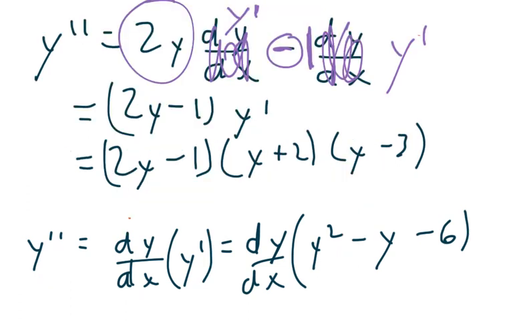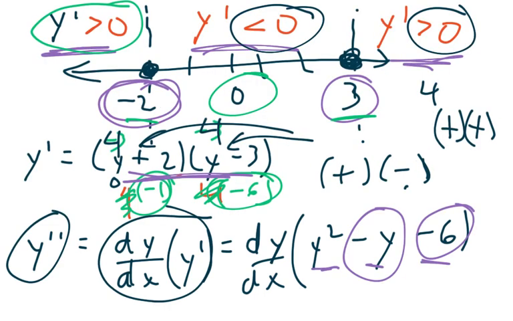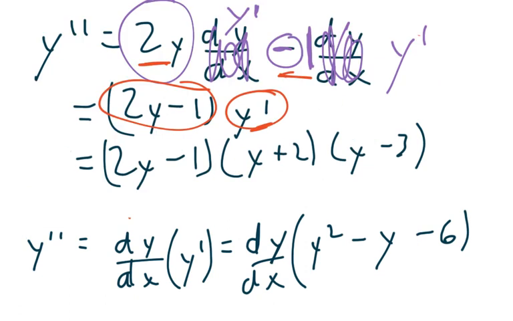So notice we can factor out 2y minus 1. So 2y minus 1 times our y prime. Wait a minute, what was our y prime again? Our y prime was this. So the double derivative is 2y minus 1 times y prime.